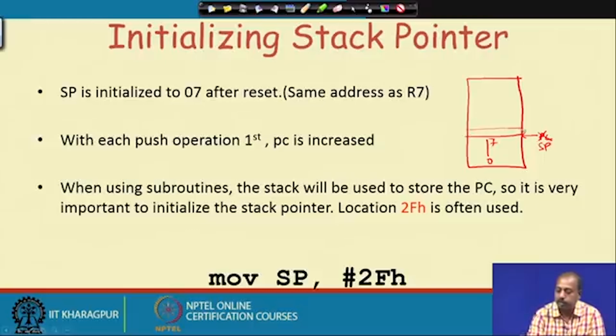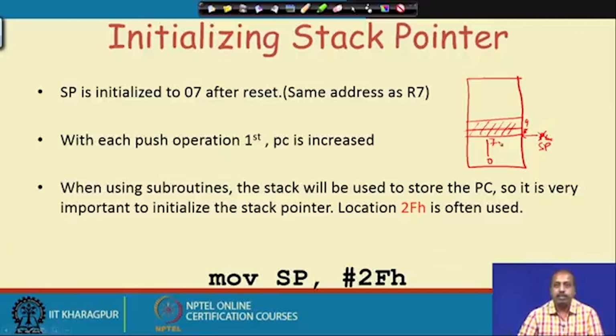The program counter value will be saved in two locations, location number 8 and location number 9. If your program is doing something meaningful with these locations, then those contents will be lost. So, it is better that we initialize the stack pointer to some proper value.